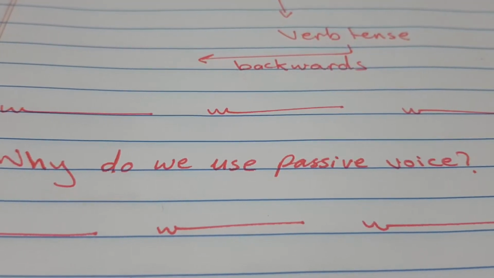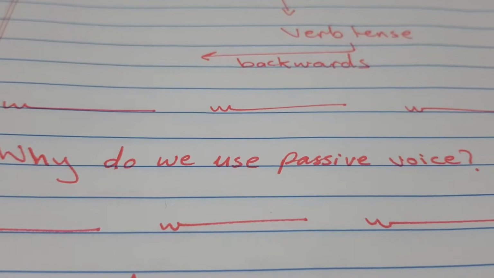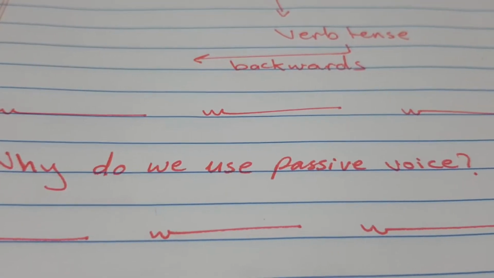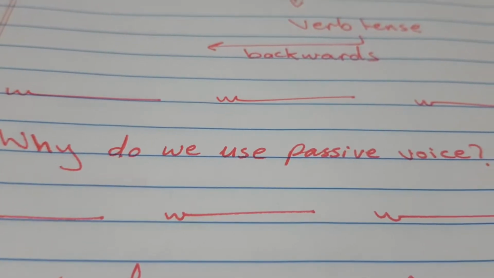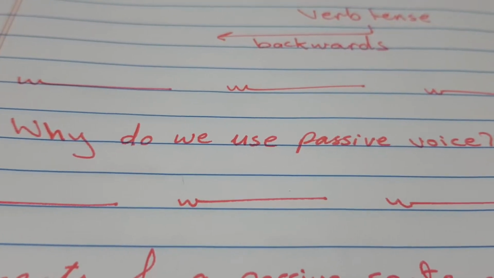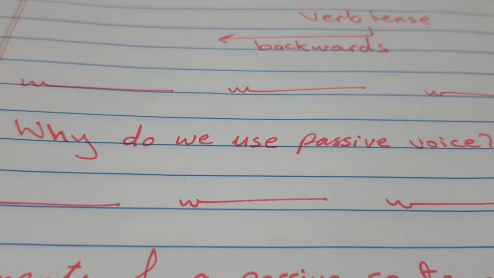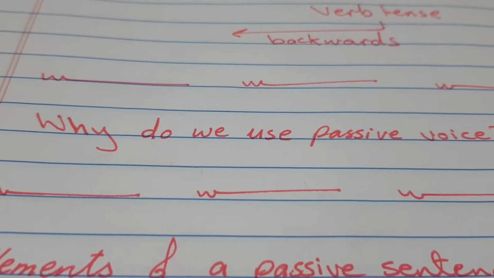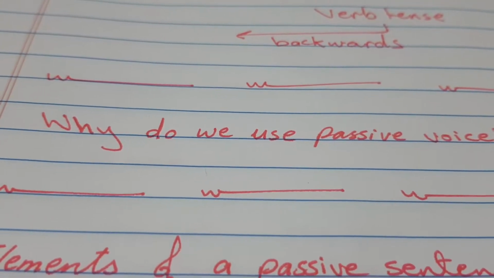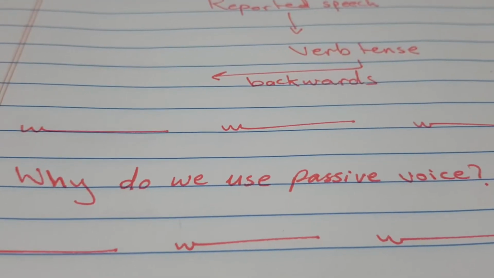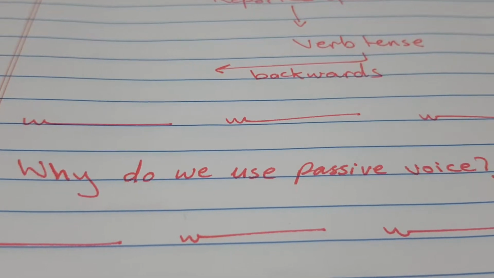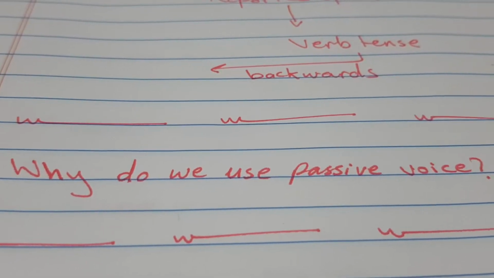For example, when I say coffee beans are grown in Brazil, do we really need to know who grows coffee beans in Brazil? Of course not. We care about the object itself and what happened to it. As for the doer of the action, the person who did that, irrelevant. So this is the first reason. The agent is either unknown or unimportant.